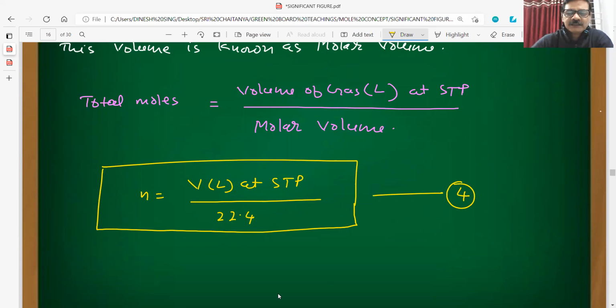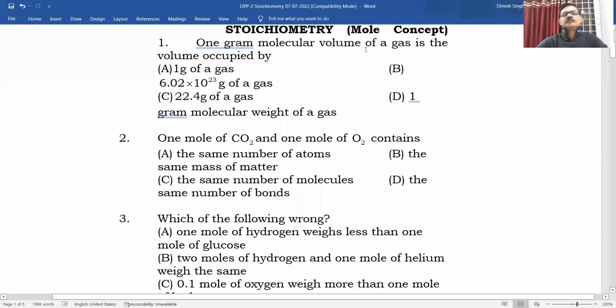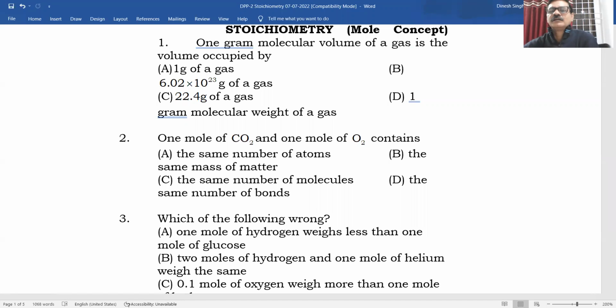Now we can discuss and solve some more problems regarding all these formulas. I have this one assignment.